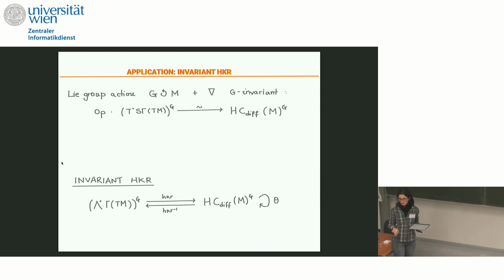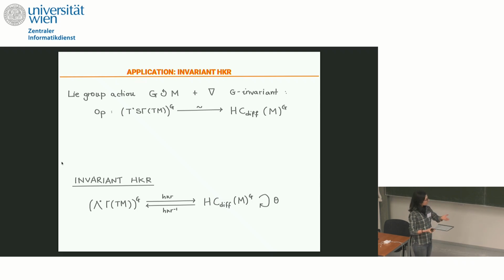The second step is Van Est. Here there is a nice aspect of our construction, because it has good functoriality properties. As a special case, this functoriality works for the G-invariant Van Est, so I have a Van Est map that commutes with the action.